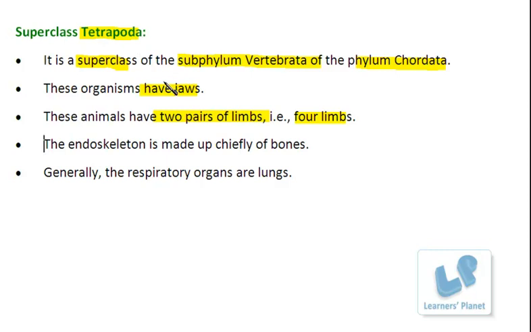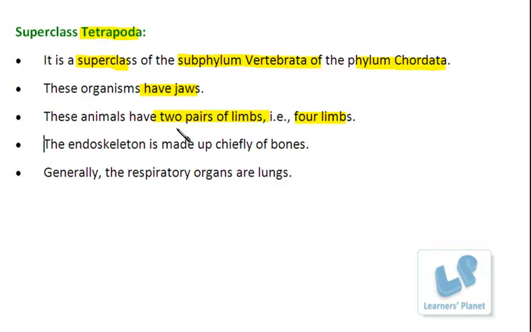So these organisms have 4 feet or 4 limbs, which are adapted for different purposes in different types of organisms. As we move through the different classes, according to complexity and adaptation to terrestrial life and other functions, the limbs are modified accordingly. But definitely they have 4 limbs.